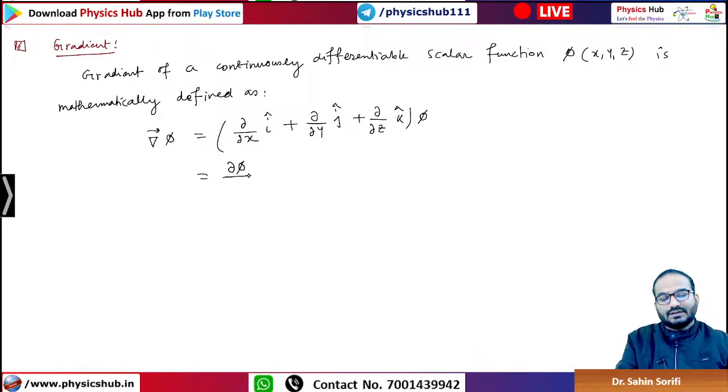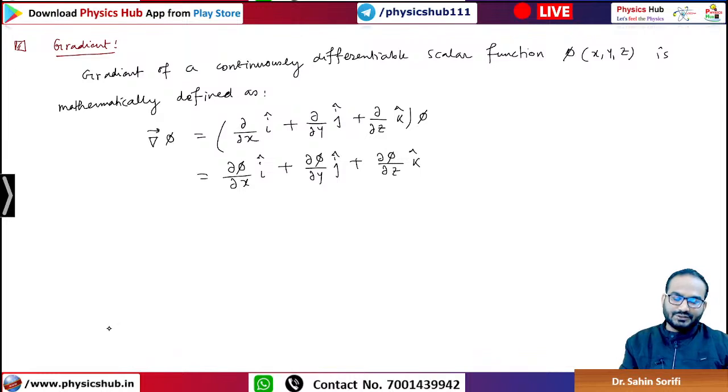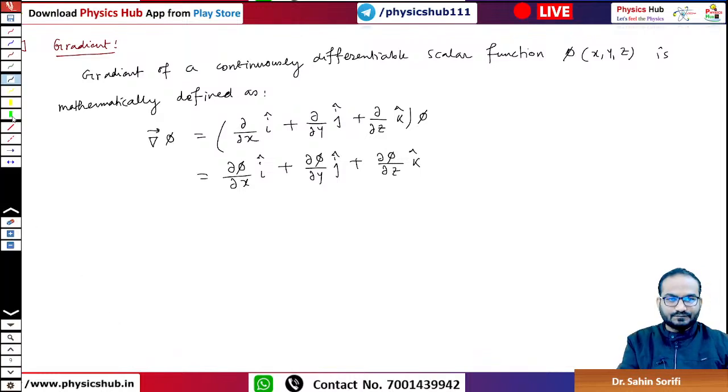So we write it as del phi by del x i cap plus del phi by del y j cap plus del phi by del z k cap. This is the primary definition of the gradient.